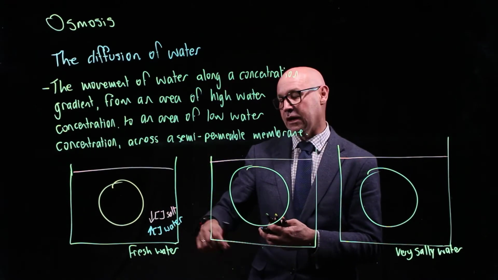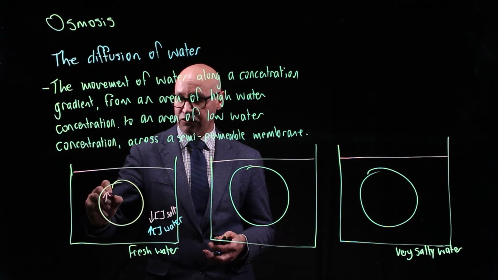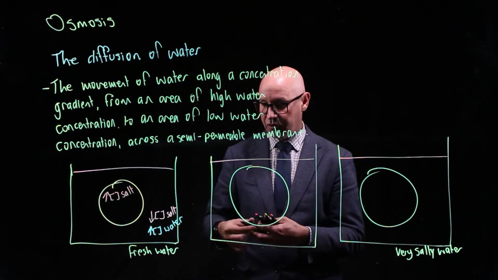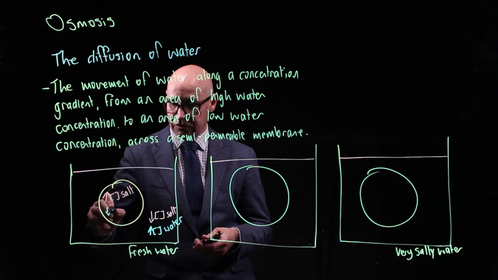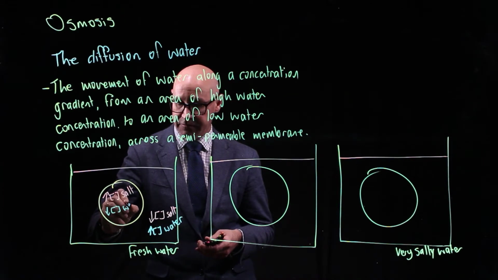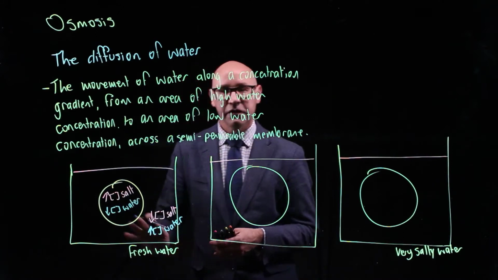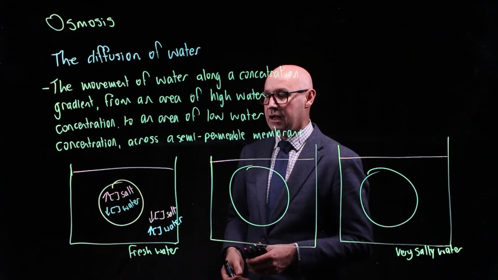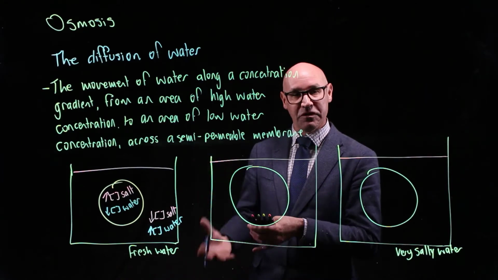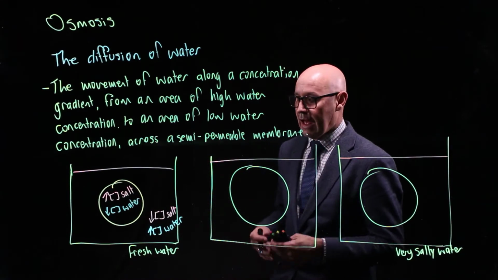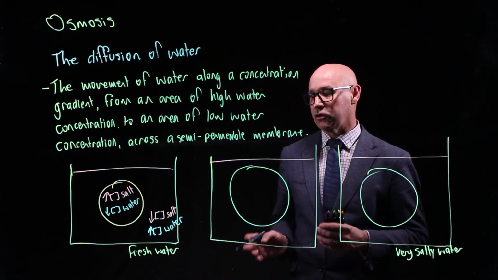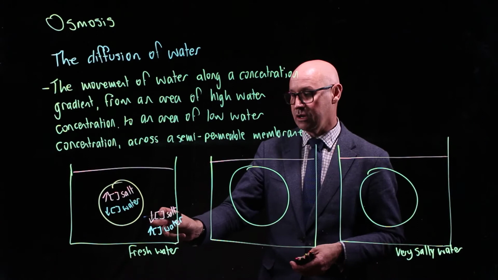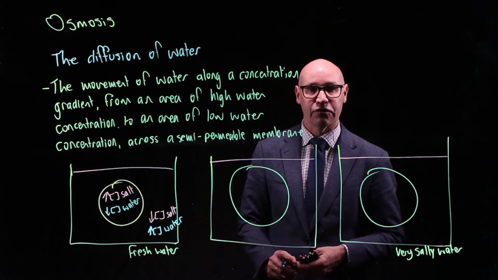So on the inside we have got a higher concentration of salt and we have got a lower concentration of water. So let's assume that the salt isn't able to move in and out of the potato. So it's only going to be the diffusion of water. And the diffusion of water is going to move along a concentration gradient from an area of high water concentration to an area of low water concentration.